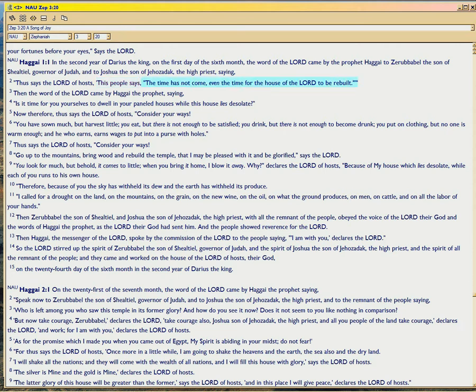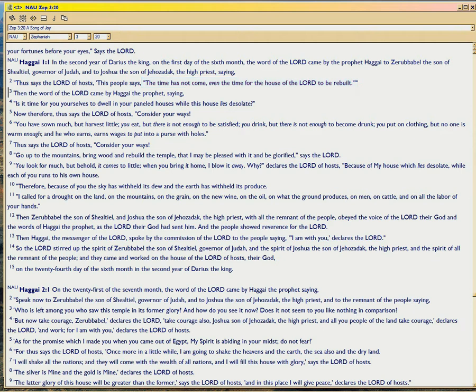So the people are in essence saying, well, it's not ready for the house to be rebuilt. Now, bear in mind, they've got a 70-year deadline. They have to rebuild it by 516 BC. That was the 70 years that God gave them as a deadline in Jeremiah 25, 29, and elsewhere. But the people are sitting on their hands.